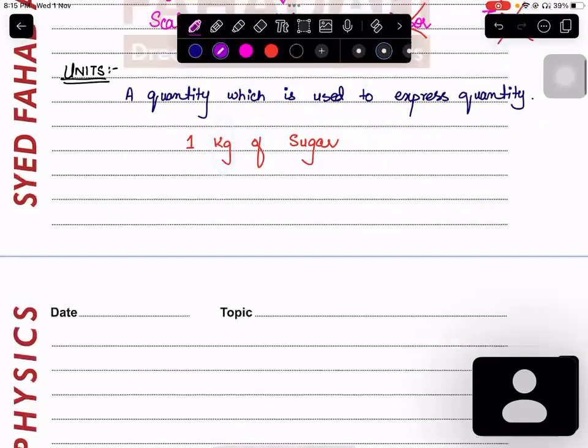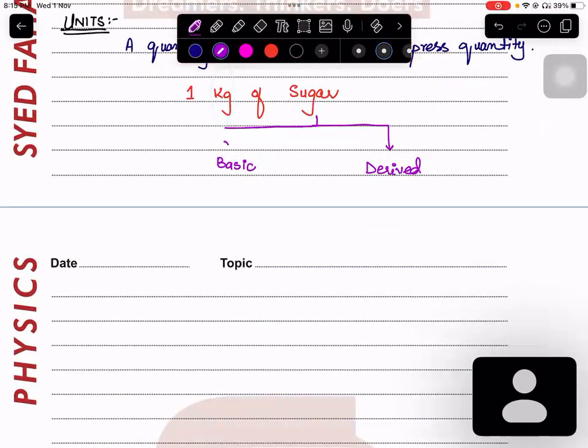So there are two types of units. One of them is known as basic unit, and the other one is known as derived unit. Is this clear? If there is any query, please do let me know.